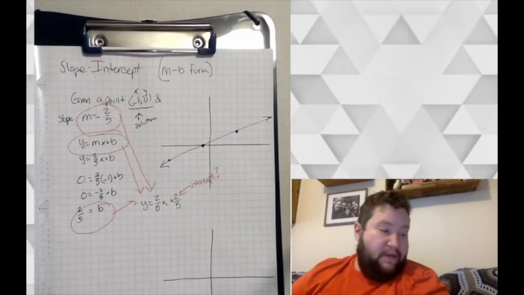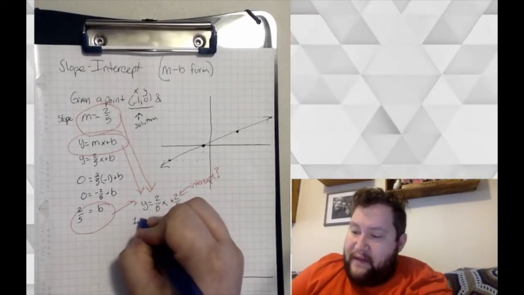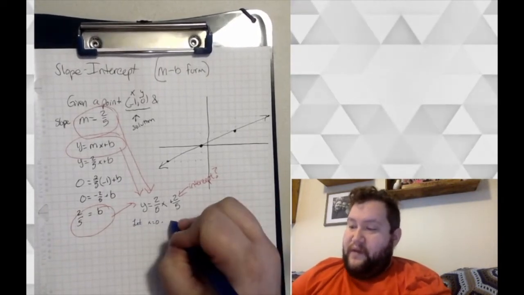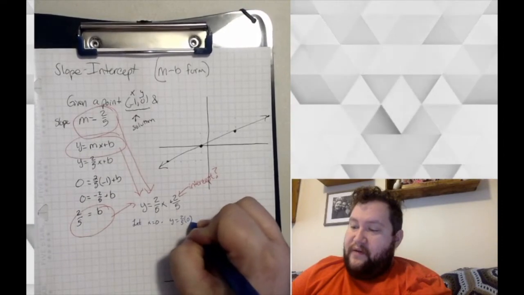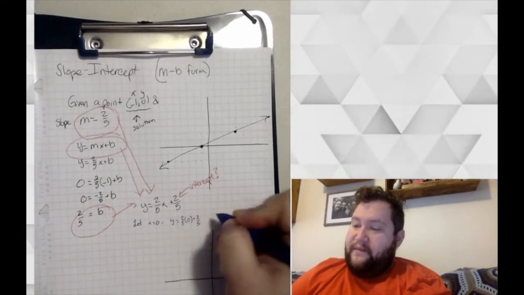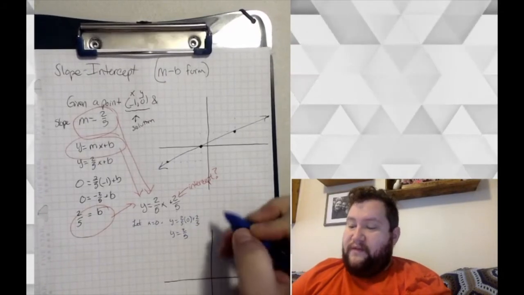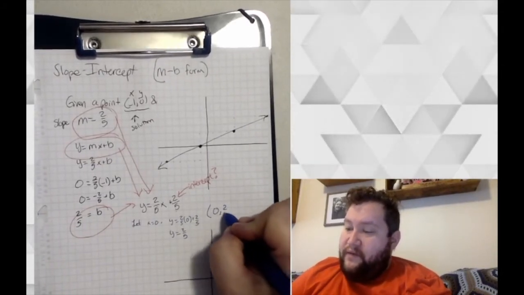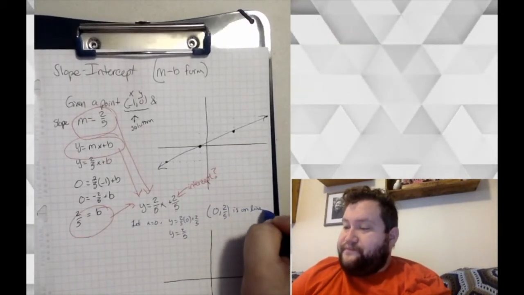Well, suppose, and let me use blue, say let x equals 0. We have y equals 2/5 times 0 plus 2/5. We have y equals 2/5. So that means the point 0, 2/5 is on the line.